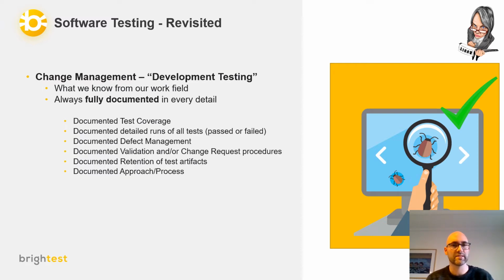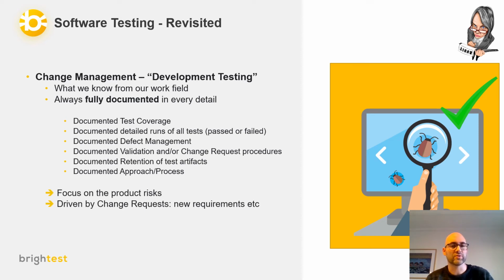Next to the validation testing, we also have more change management related testing, also sometimes called development testing. In this case, we're also focusing on product risks like we are used to. It's driven by change requests, smaller changes that are required to be applied to existing validated systems. But we are focusing on the new changes, the new features of a system. The main difference here is that we have to document everything. So every change needs to be risk assessed, justified.